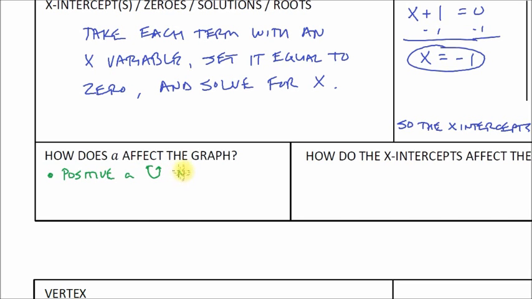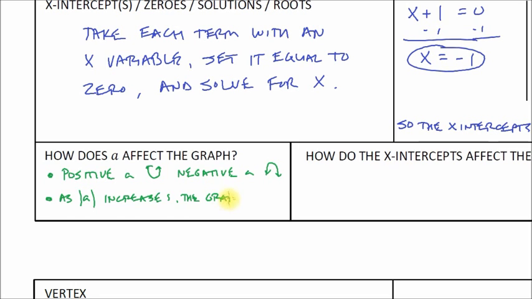Negative a: the graph is going to turn upside down, or reflect, and open down. And one more thing: as the absolute value of a increases, the graph stretches.